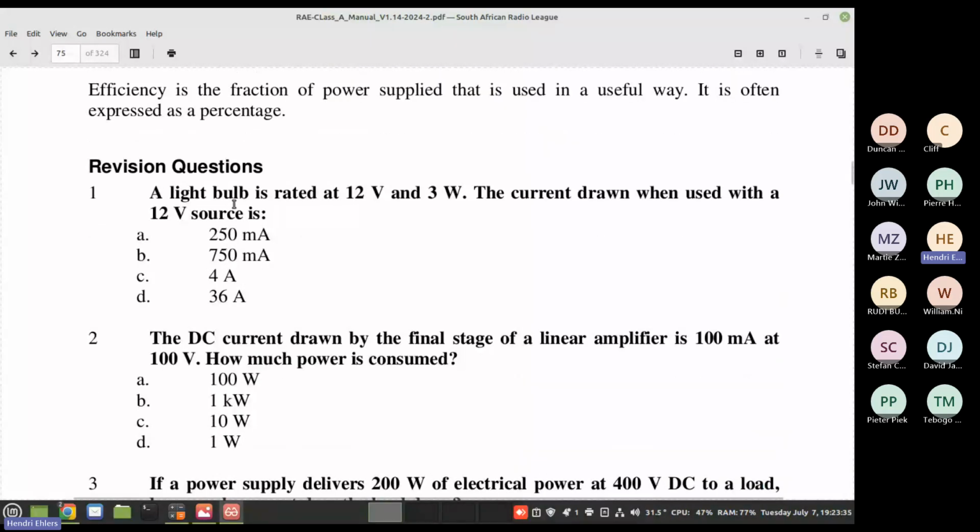Right, they've got a couple of questions for us. A light bulb is rated at 12 volts and 3 watts.